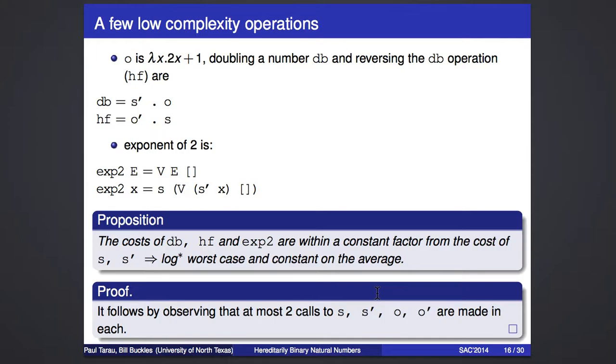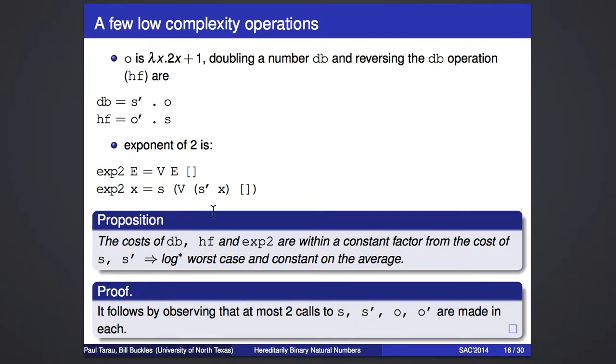So a few more low complexity operations can now be introduced. The double would be just the predecessor of O, because O is 2x plus 1. Half would be O prime composed with S, that's just the inverse of this.